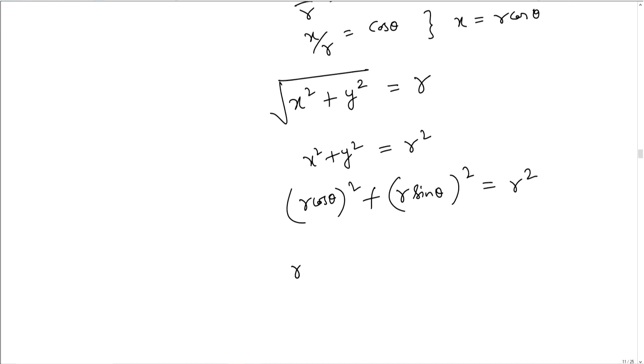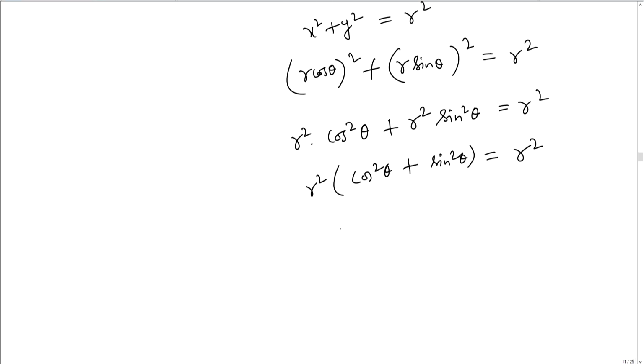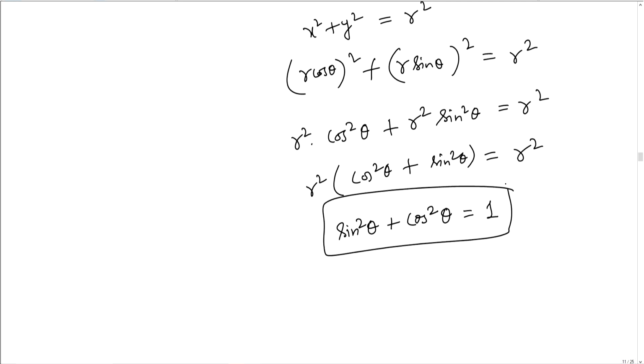This becomes r square into cos square theta, the square of the function cos theta, plus r square into sine square theta, the square of the function sine theta, equals r square. Now, if you take r square common, you get r square times (cos square theta plus sine square theta) equals r square. You can cancel out r square, and this gives you a very important identity: sine square theta plus cos square theta equals 1.